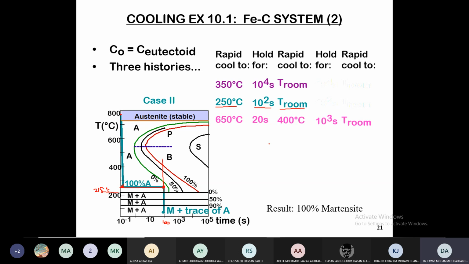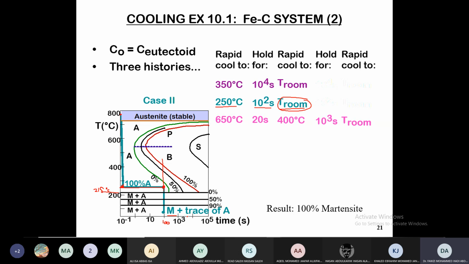Now, if from here you quench to room temperature, which is below 215 degrees centigrade, what is going to happen? Since we have the austenite, we quench to below 215 degrees centigrade. Actually, we are quenching to room temperature. We are forming the martensite phase.